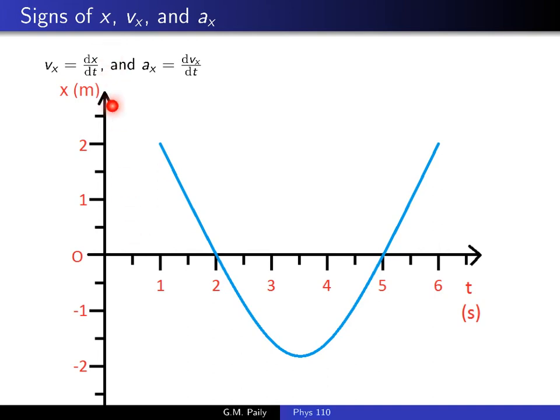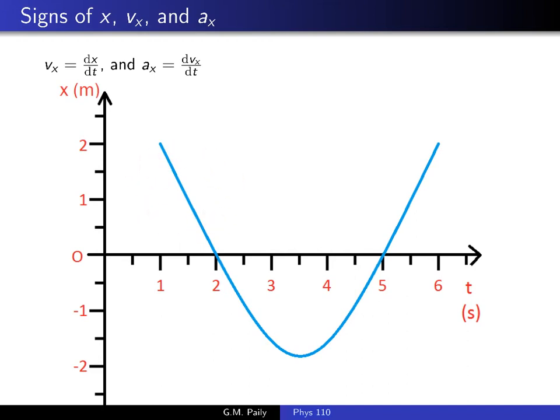In this case, the vertical axis is related to position, and the horizontal axis is related to time. So the slope is related to change in position over change in time. But that is just velocity. So the slope of an x versus t graph gives us the velocity.